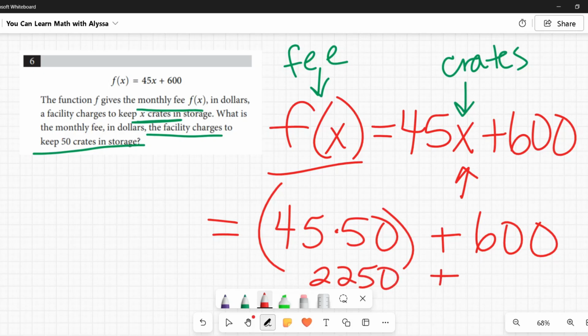And then if you add 600 to that, you are going to get $2,850. And that is my answer, $2,850. Of course, you do not have to put the dollar sign when you're putting these answers in, just 2850. That is your answer.